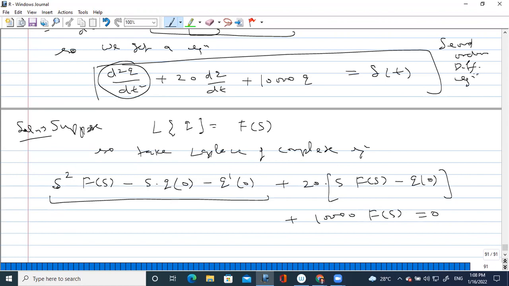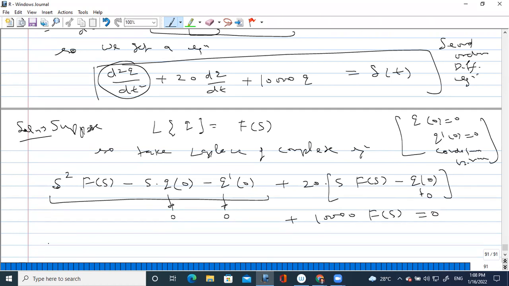Now here actually some conditions are also given, so those also you have to write. Conditions are q0 is equal to 0 and q dash 0 is also 0. These are also given. So once you put that, this will be 0, this will be 0, and this will be 0.